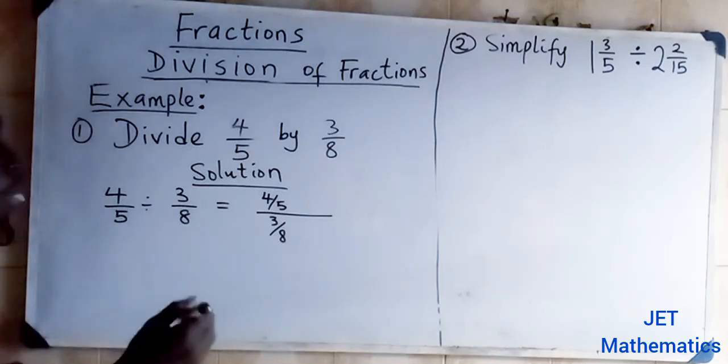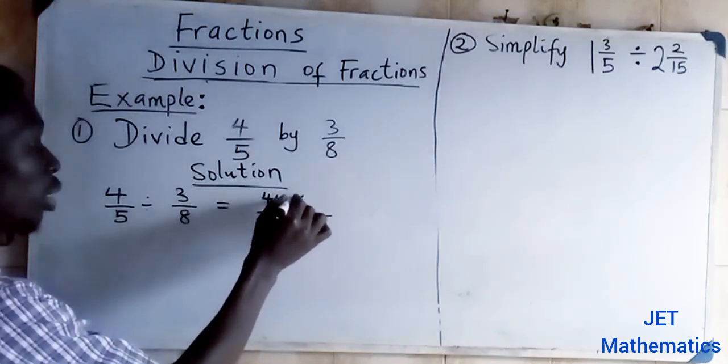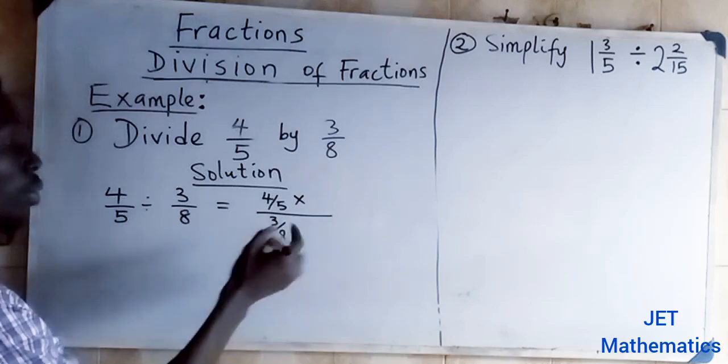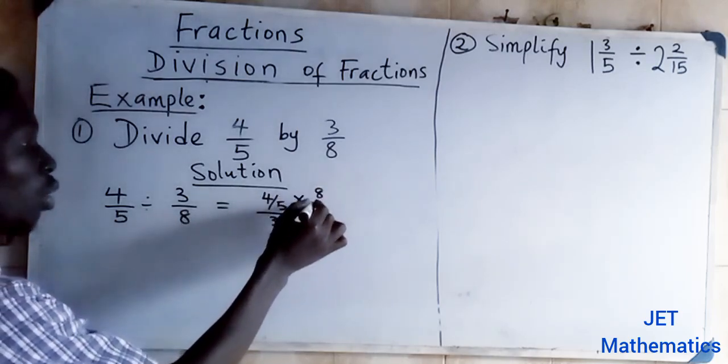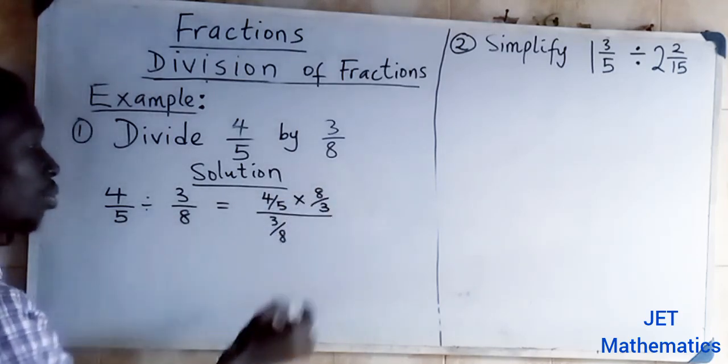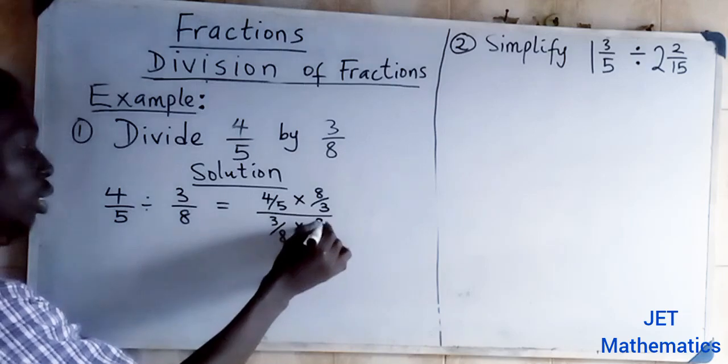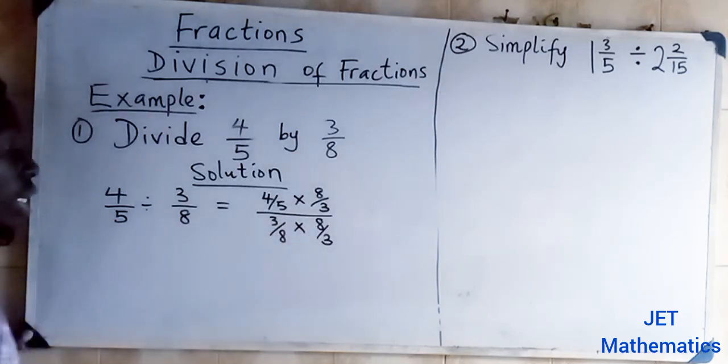So we have multiplying the numerator by the multiplicative inverse of the denominator, which is 8 over 3. Then multiply the denominator too by 8 over 3. Alright?